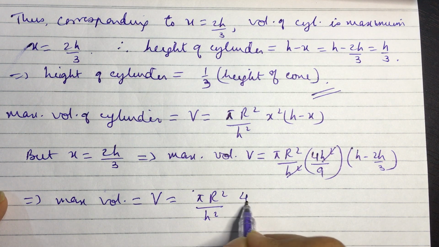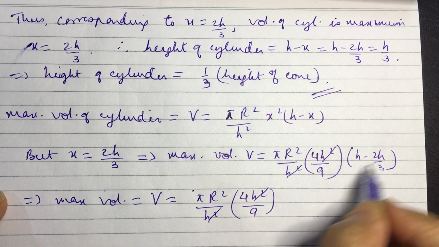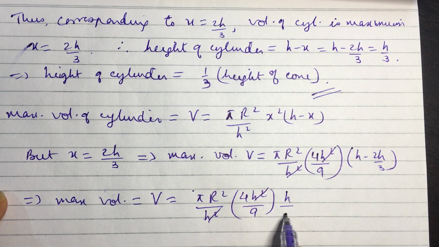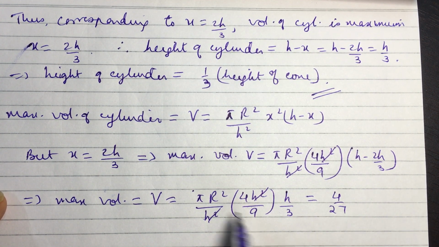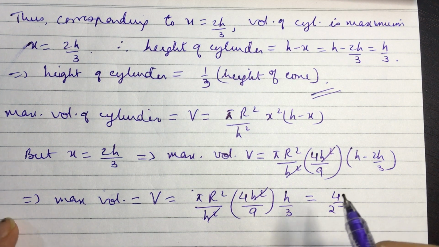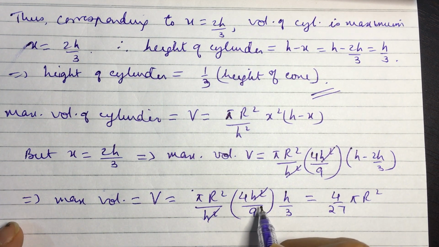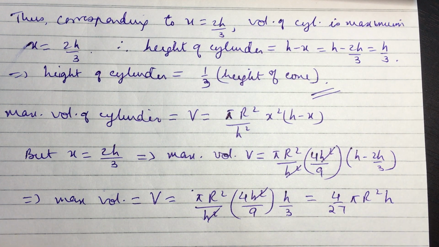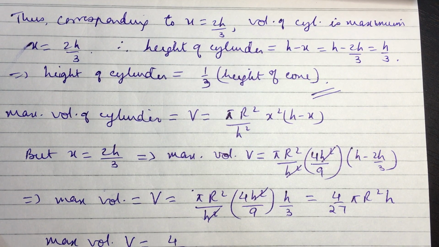So, we get 4h square over 9, this gets cancelled, into here we get h over 3, and this comes out to be 4 by 27. Now, we are left with pi, then r squared, and then we have h. Okay. So, maximum volume V is equal to 4 by 27 pi r squared h.